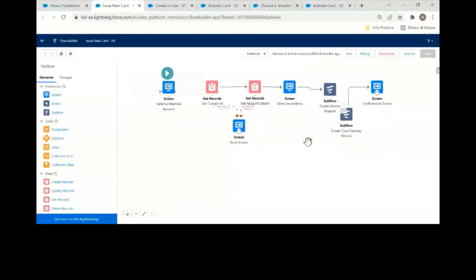so this is kind of the interface of a Financial Service Cloud.